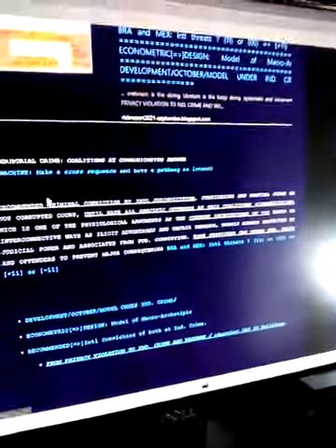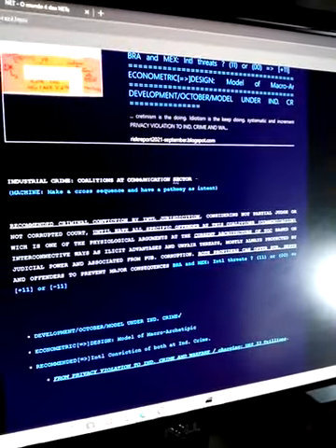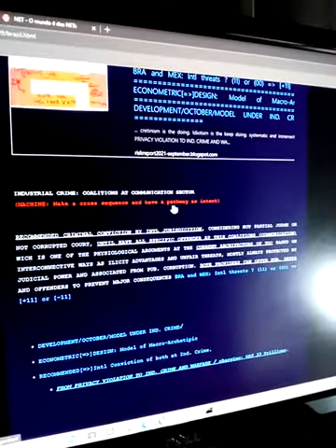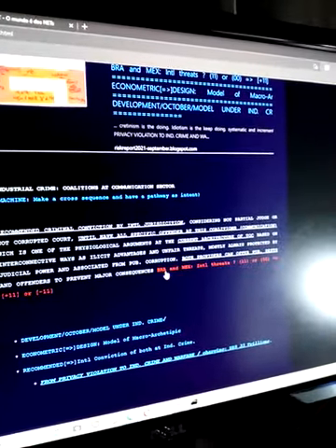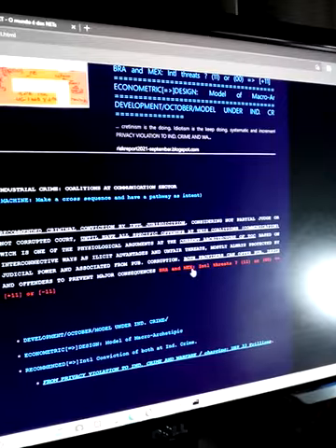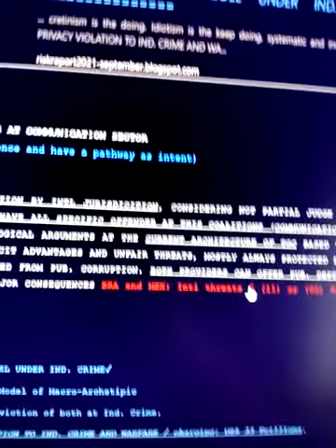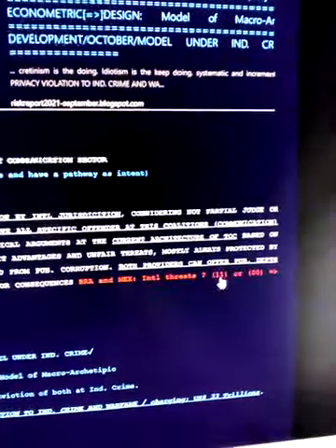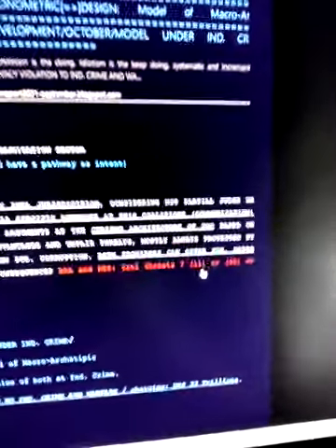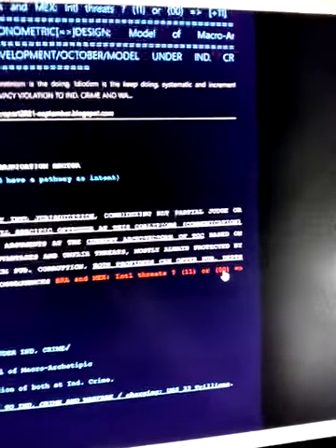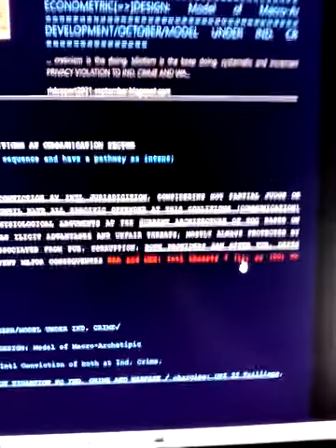So we will have the industrial crime, coalitions at the communication sector, a machine making a cross sequence and having a pathway as intent. Take a look at this. Brazil and Mexico, international threats. I don't know. Have you the cross sequence as pathway positive one or interval 00 as the general presentation of the sector? It's positive one.